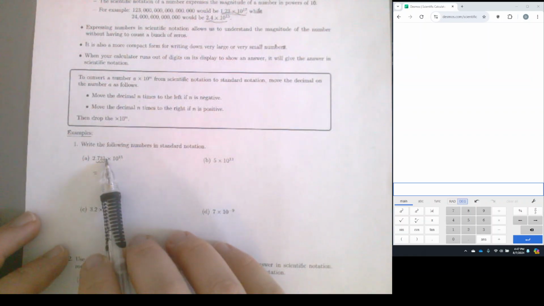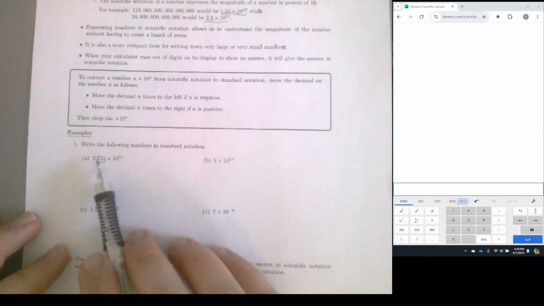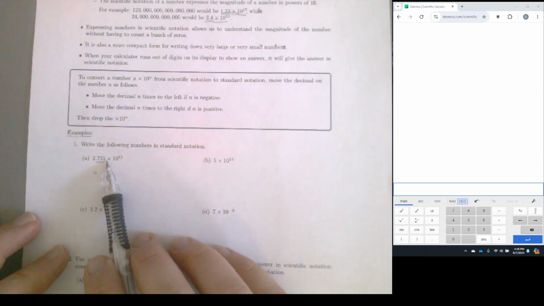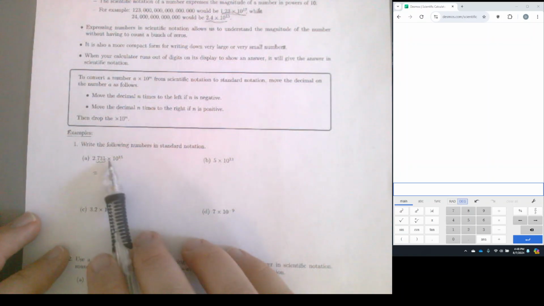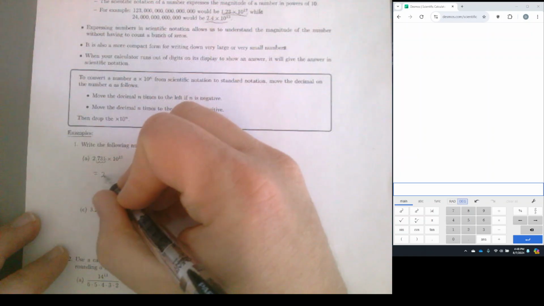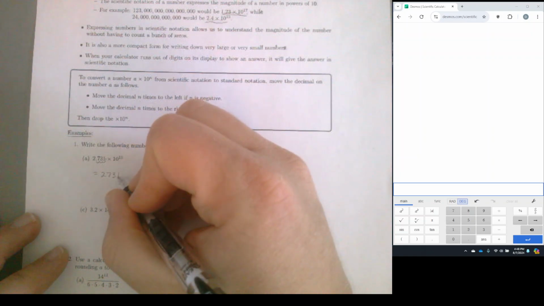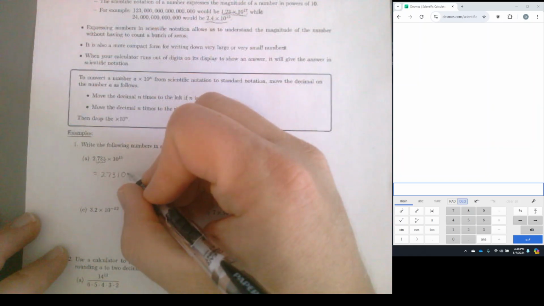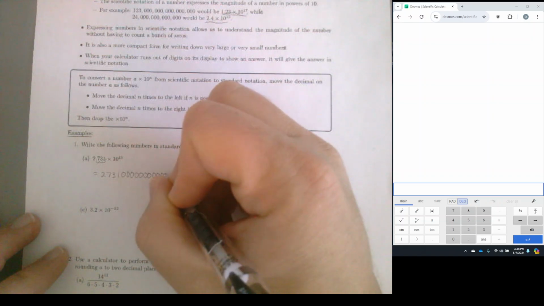And then we're going to have to move it 12 more times so that in total we will have moved it 3 plus 12 equals 15 times. So what that means is we're going to end up having 12 zeros after the 1. So this would be 2, 7, 3, 1, and then 12 zeros.